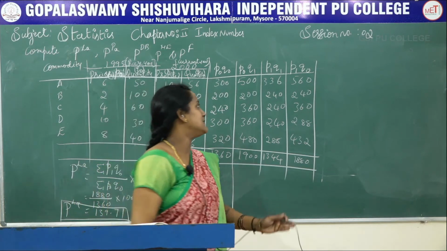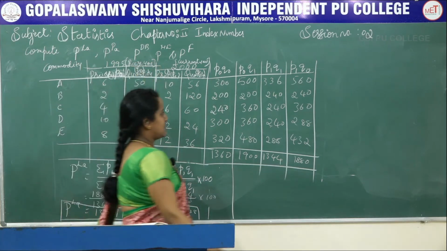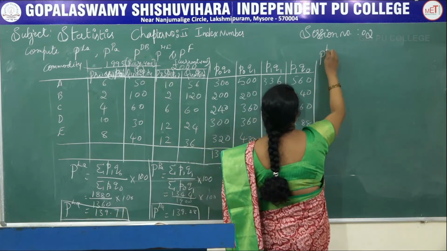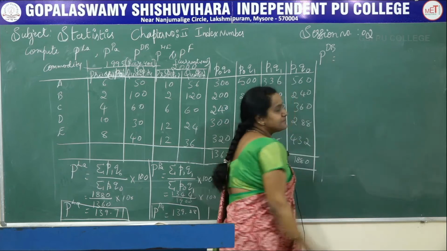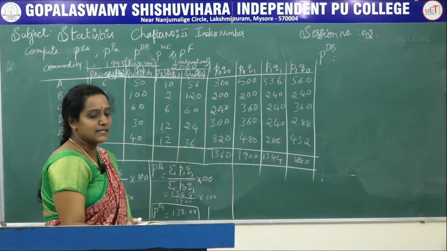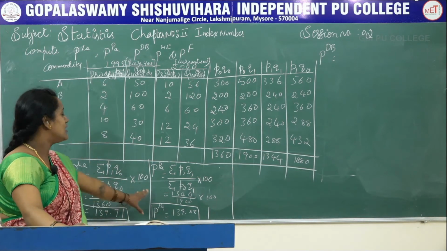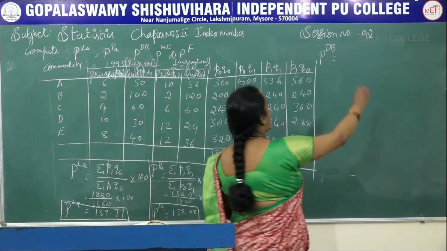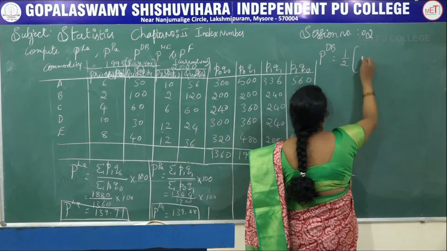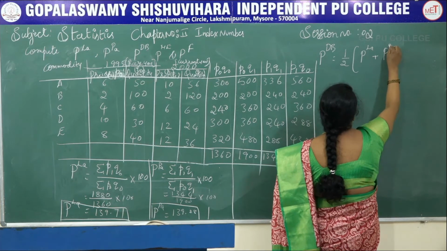Yes, next is Bowley, that is the price index of Dorbish-Bowley. For this, we will take the values of Laspeyres and Paasche, that is half of P of LA plus P of PA.